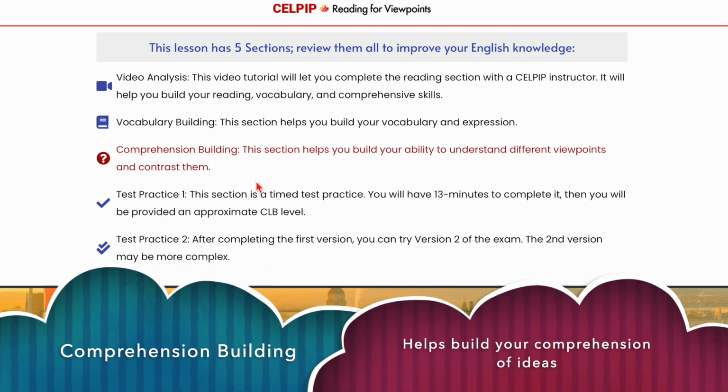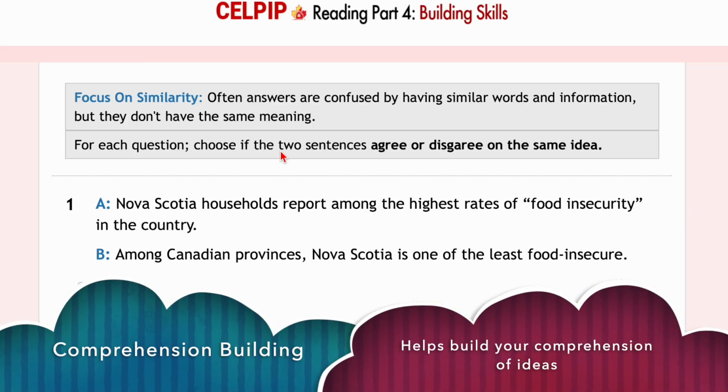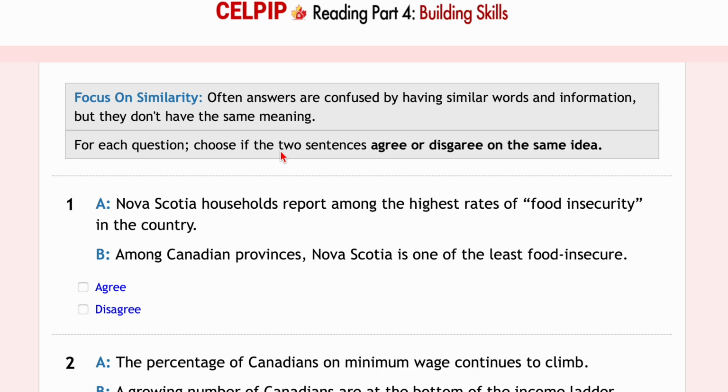And then we have comprehension building. Now, comprehension building is an exercise that will improve your ability to understand ideas better and differentiate between ideas, because that's something that you need to do in Part 4.